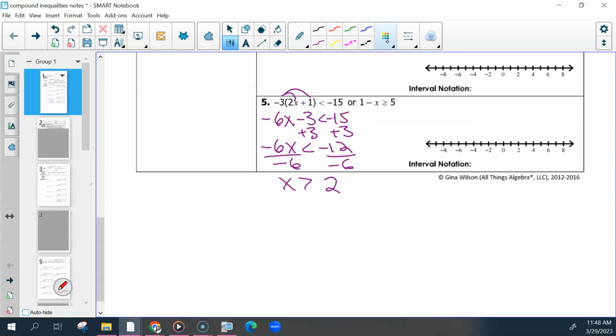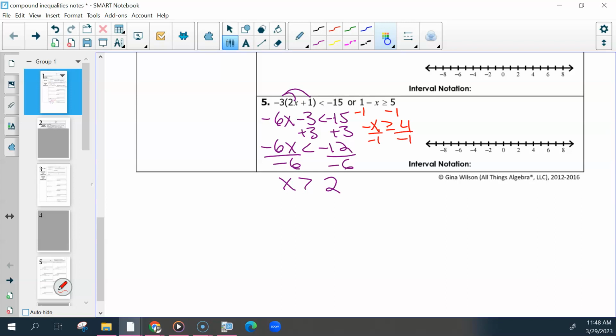Then for the other one, you could do this multiple ways. Either add the x and then get rid of the 5, or subtract 1 and then divide by negative. Whichever one. I'm going to subtract 1. And then divide both sides by negative 1.